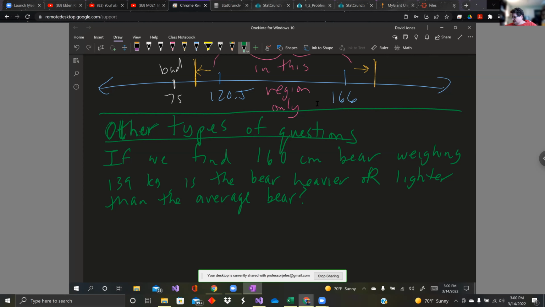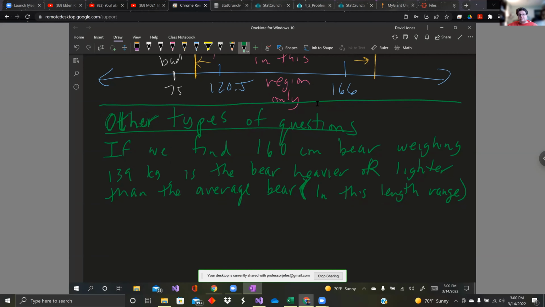Maybe I should say in this length range. If we had more than 12 bears worth of data, we might be able to answer for all bears. But we're just going to go for this data range right here.